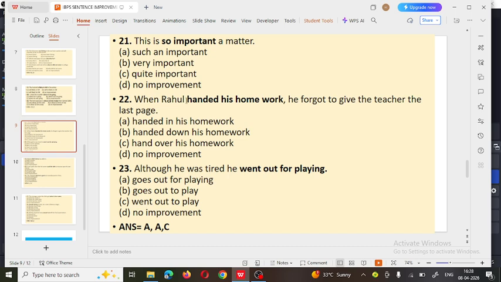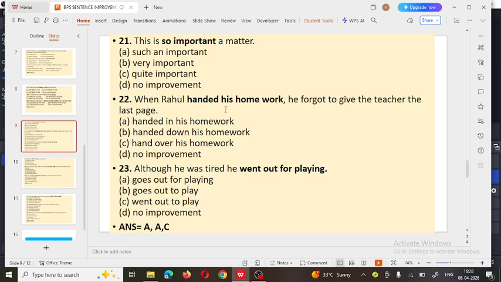Next, when Rahul handed his homework, he forgot to give the teacher the last page.